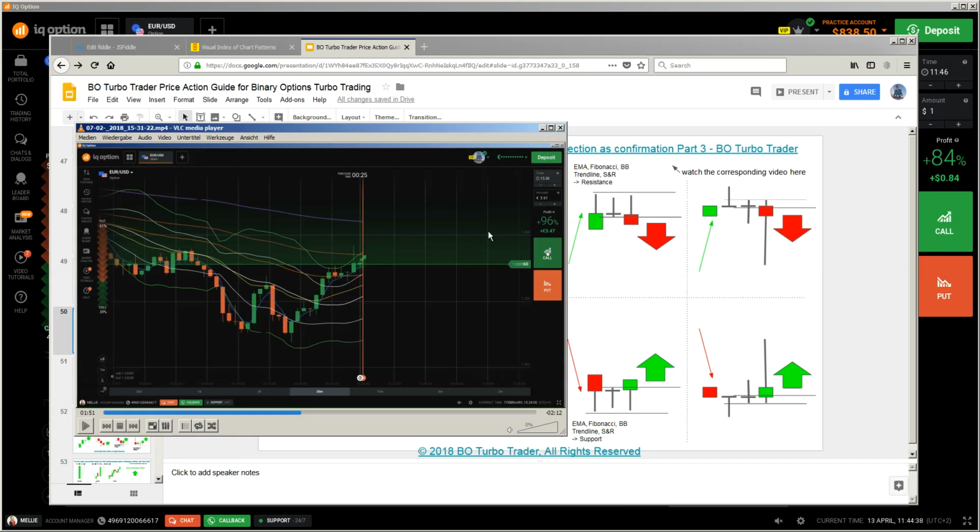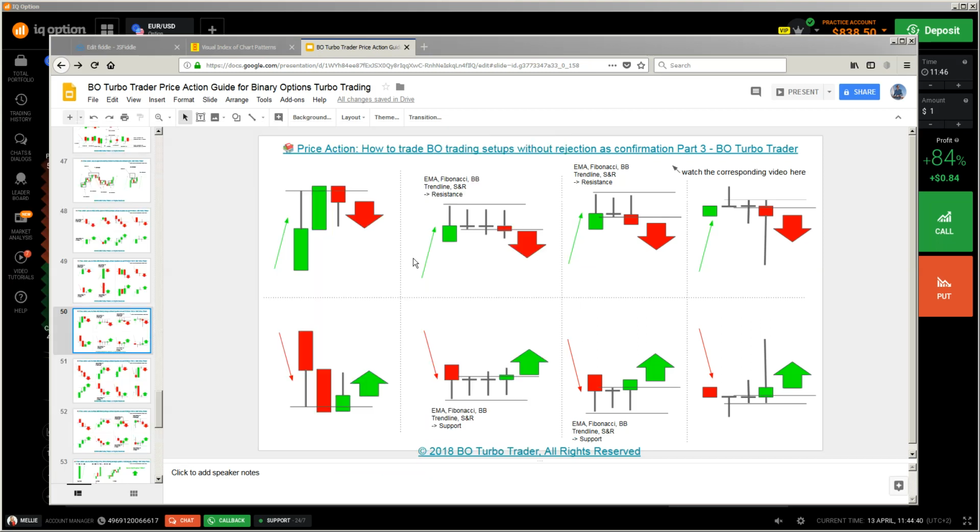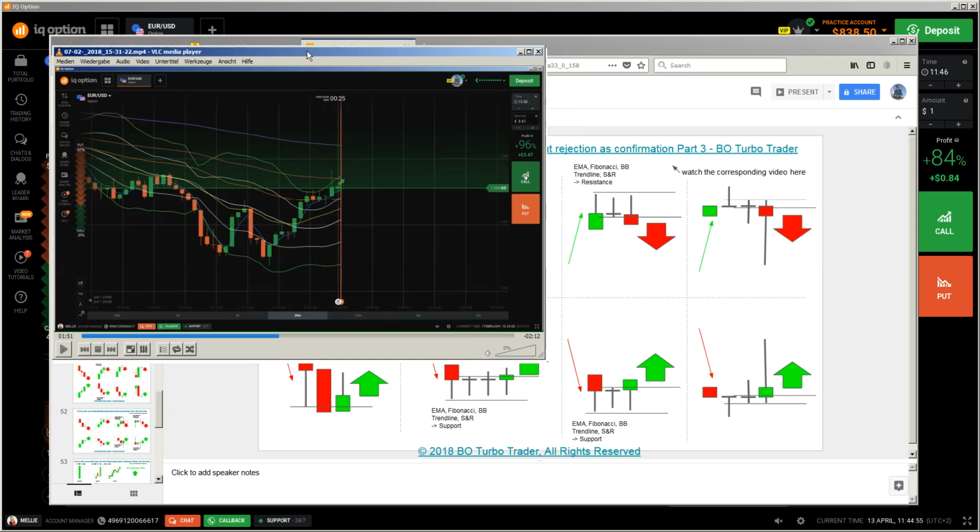So we have this one here, or this, or this. The only difference is the wick. Here you have the wicks below, because this shows that we have a strong resistance, and here we have the wick above that shows that we are going to try to go higher. So we have this setup here.